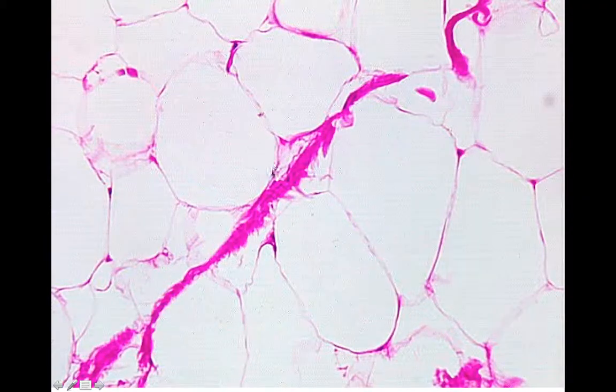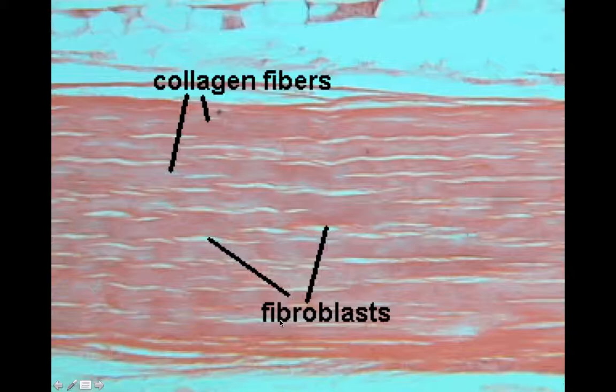All right, so which one is this? This is adipose tissue. Notice the nuclei are all pushed off to the side. Those cells look pretty bland. Okay, this one, notice there's lots of collagen fibers in here, and some fibroblasts. So this is dense connective tissue.